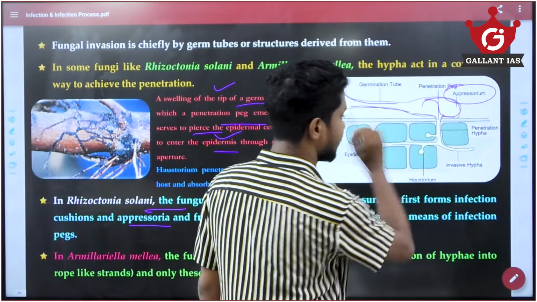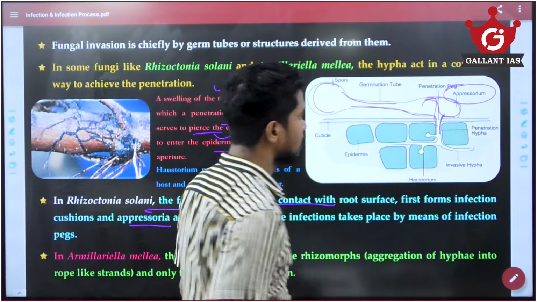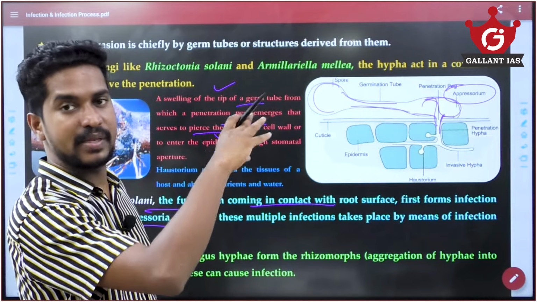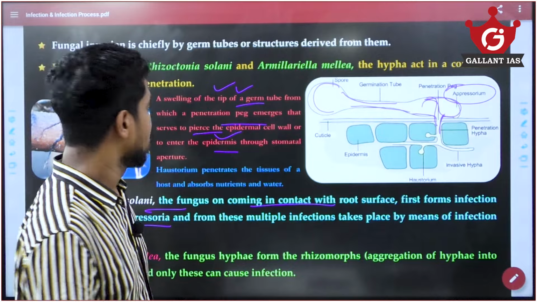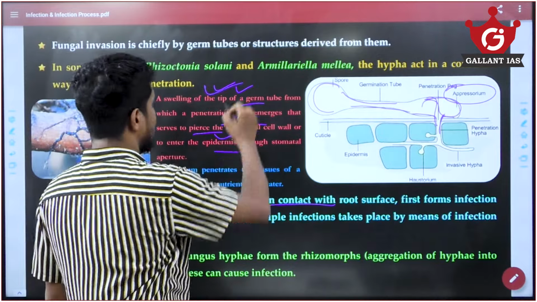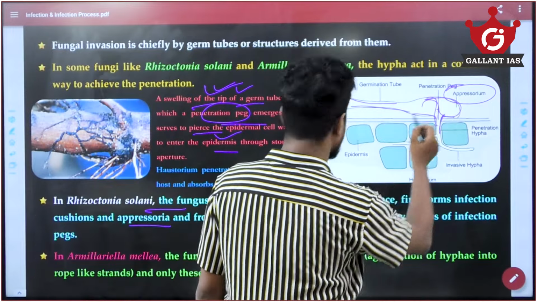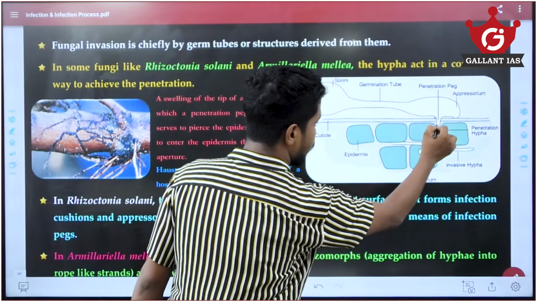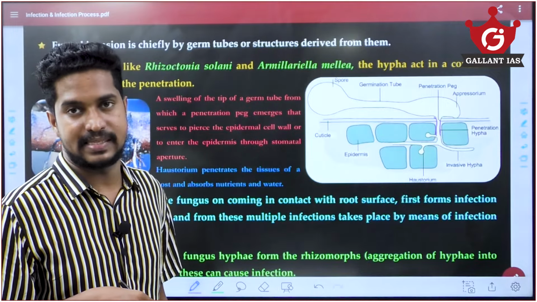Here is a stomatal aperture, and this germ tube produces an appressorium, the swelling at the tip of the germ tube, which forms the penetration peg. You can see on the figure the penetration peg piercing into the epidermal cells.